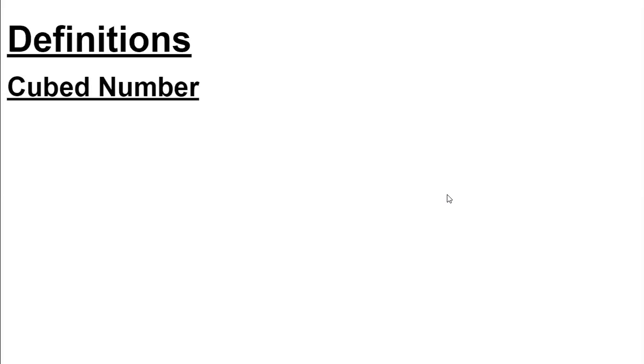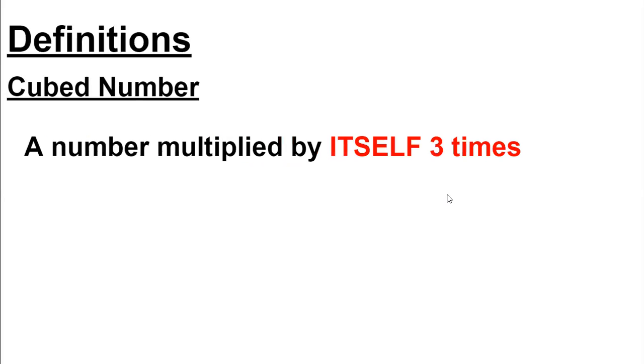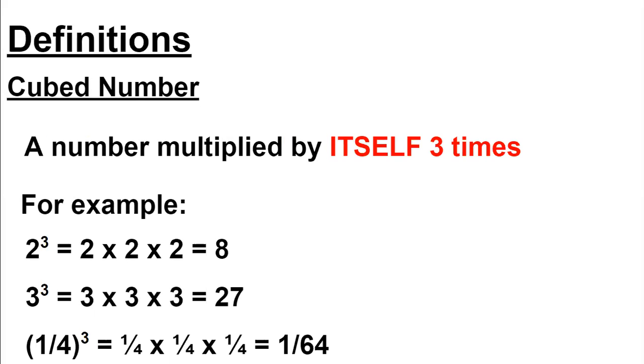What about cubed numbers? What is that? A cube number is a number multiplied by itself 3 times. So for example, 2 to the third power, or 2 cubed, is equal to 2 times itself again.